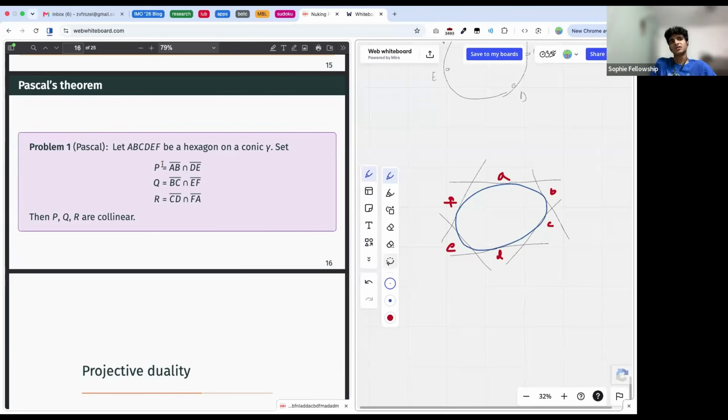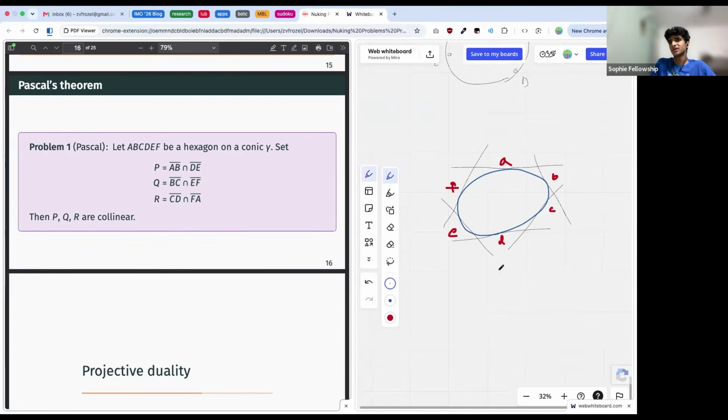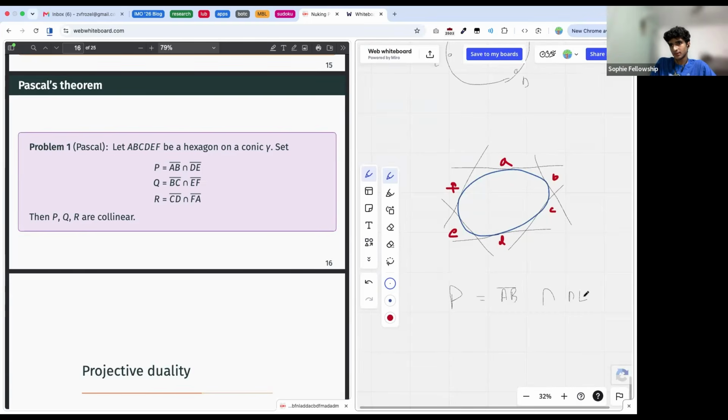Yeah. So P was defined as a point over here. That means P is going to be defined as a line over here. So if you take the dual of the statement P equals AB intersection DE, it's going to look like this. The line P, which I'll denote with a lowercase p, is equal to the line through the intersection of A and B, so you have this point, and the intersection of D and E.